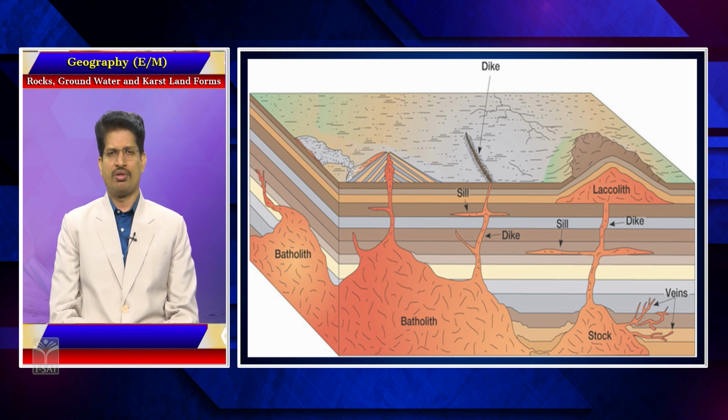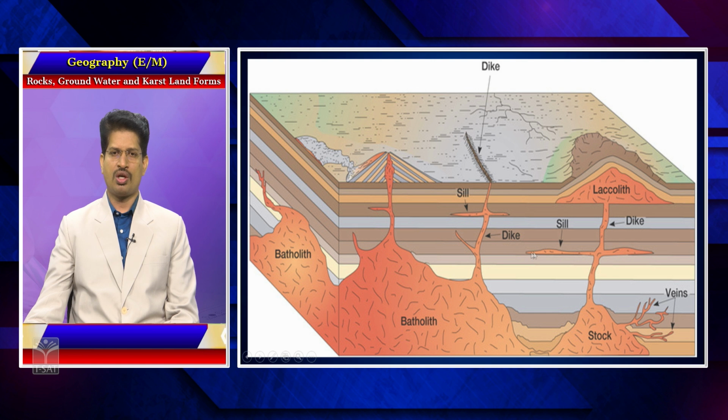Based upon the orientation of the solidified magma in these fracture zones, these rocks are classified and named. For example, if a solidified rock is horizontal, we call it a sill. If the solidified rock is vertical, we call it a dike.